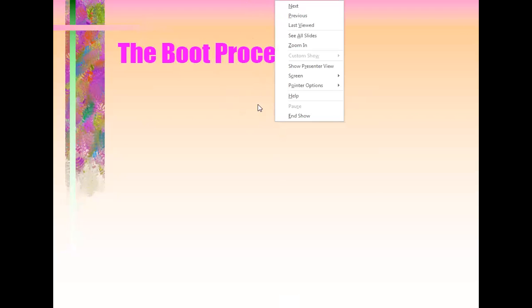So we look at the boot process. How does the computer boot itself? When we talk about the boot process, we are just talking about the startup process of a computer.